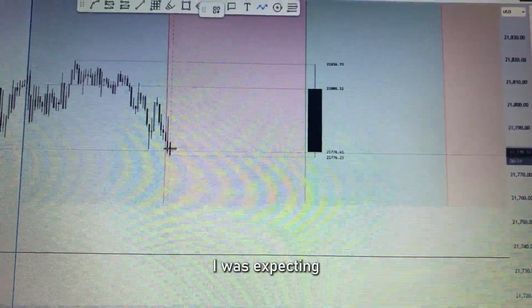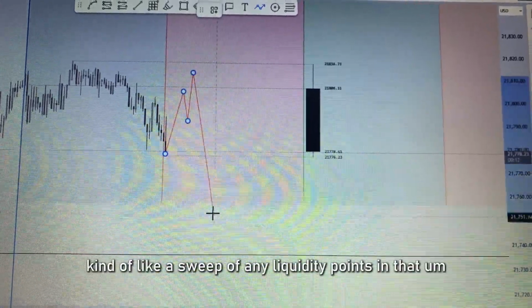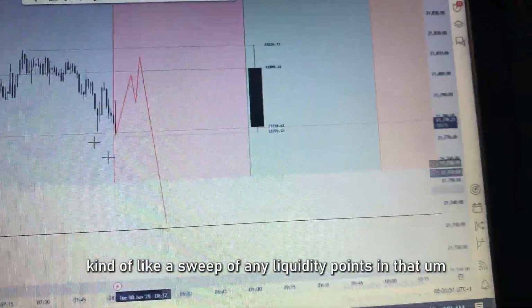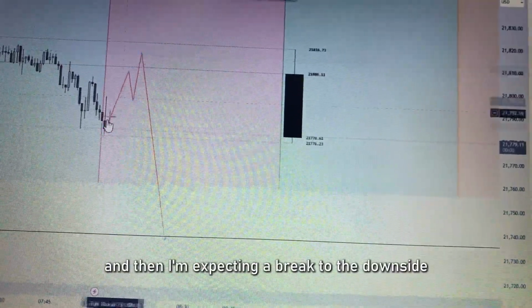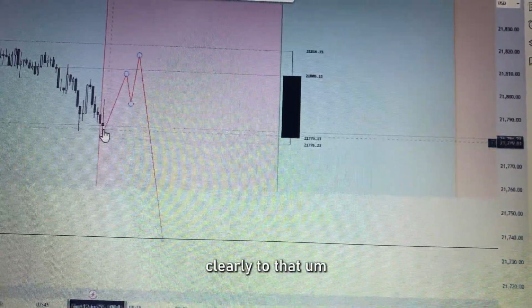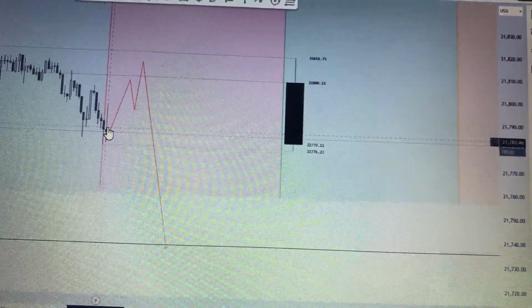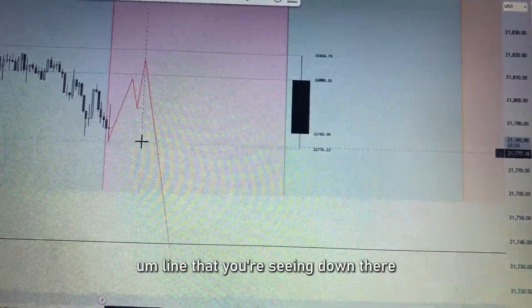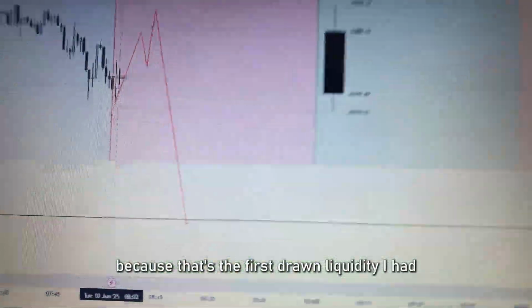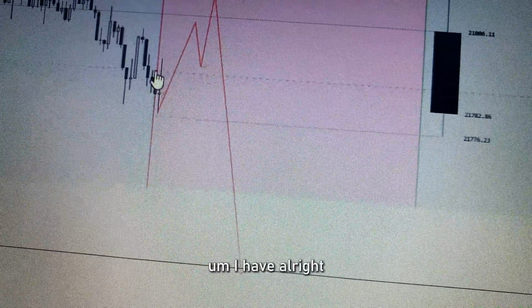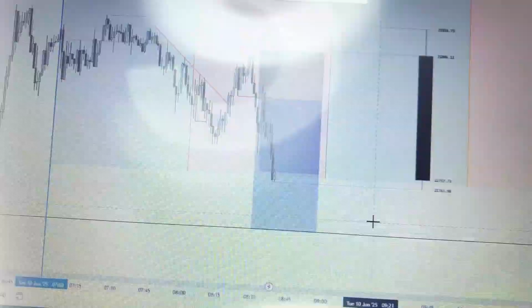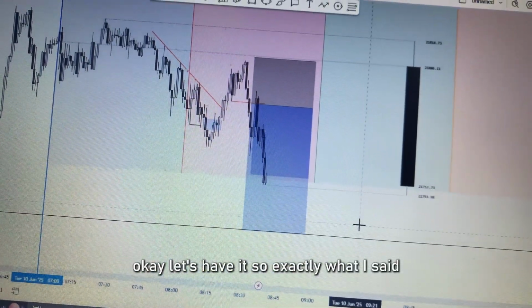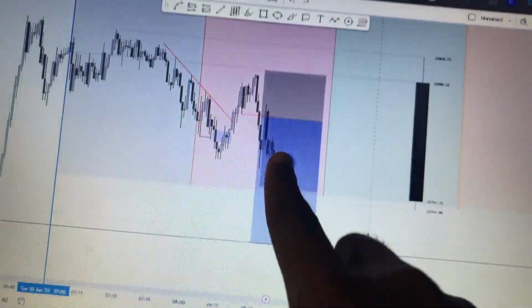I was expecting a sweep of any liquidity point in that time range, and then a break to the downside, clearly to that black line you're seeing down there, because that's the first drawn liquidity I have. So that was literally what I was saying. So exactly what I said.